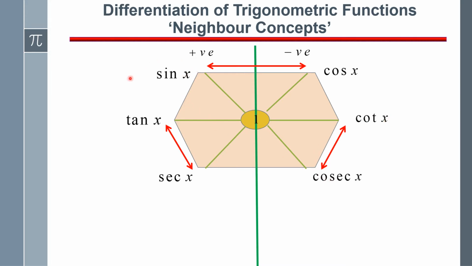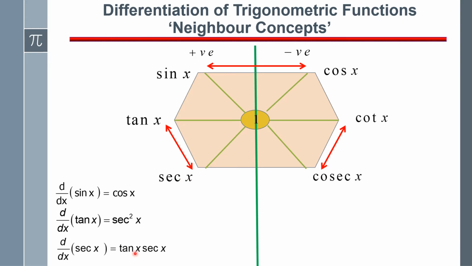Now if we differentiate the left hand side, d/dx sin x, we get cos x. And then if we differentiate tangent x, we have secant squared x. And now if we differentiate secant x, we get tangent x secant x. And also, if we differentiate the right hand side, d/dx cos x equals negative sin x.